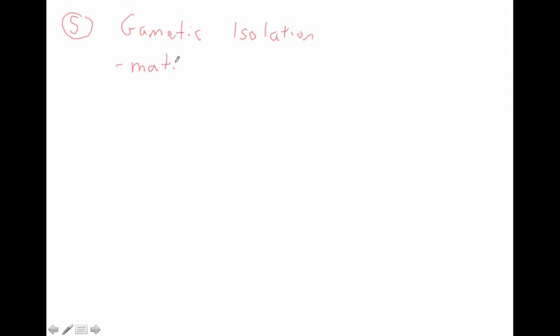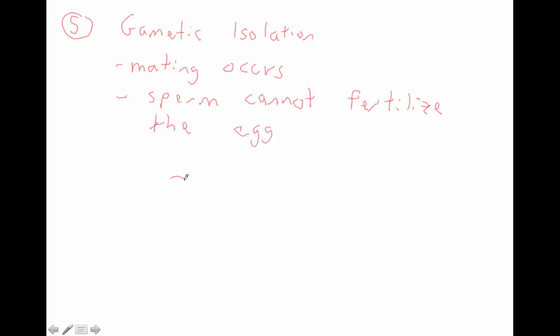So mating occurs, but for several different reasons, the sperm cannot fertilize the egg. So let's attempt to draw a sperm here, and then here's the egg.